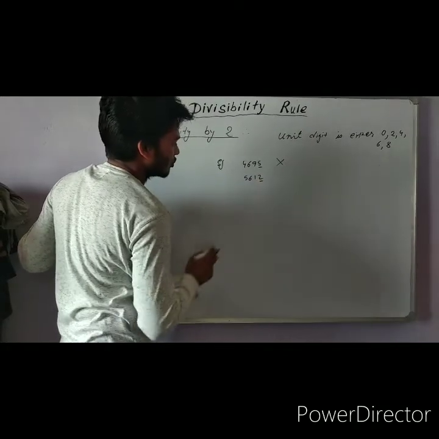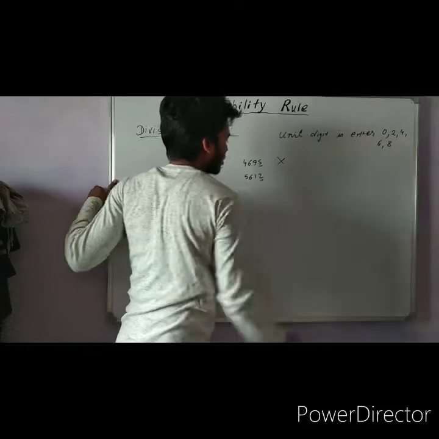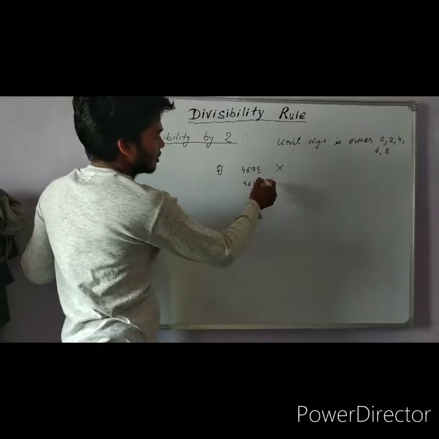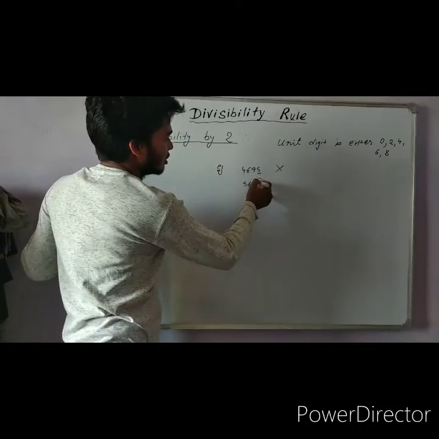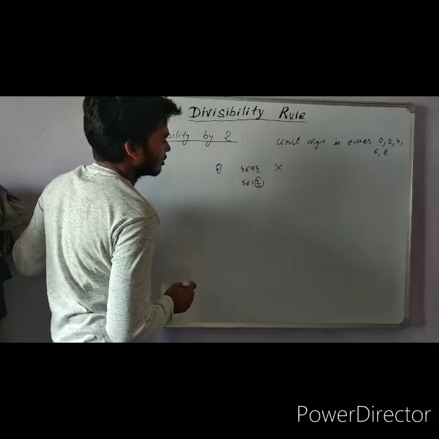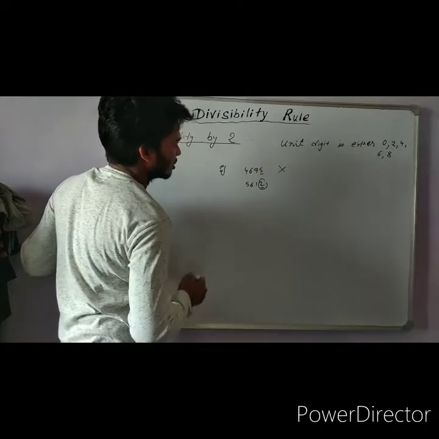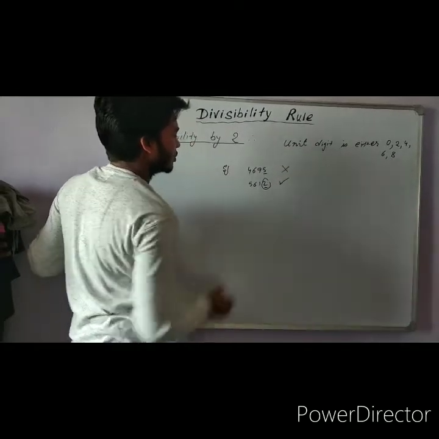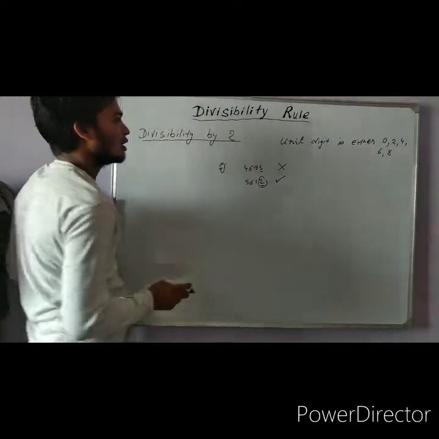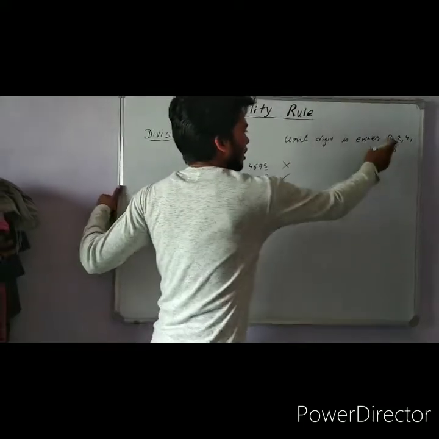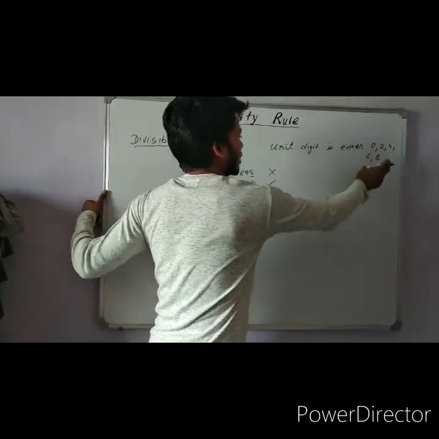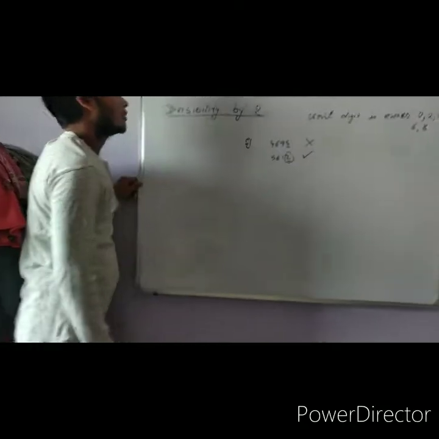Here unit digit is 2. You have to see the unit digit must be even. So 2 here, so the number 5612 is divisible by 2. It is very easy. You have to see only the unit digit. It must be either 0, 2, 4, 6 or 8, and the number must be divisible by 2.